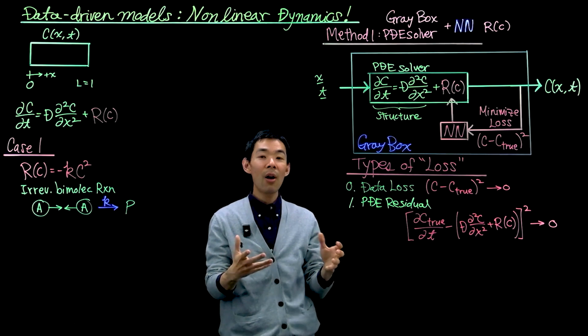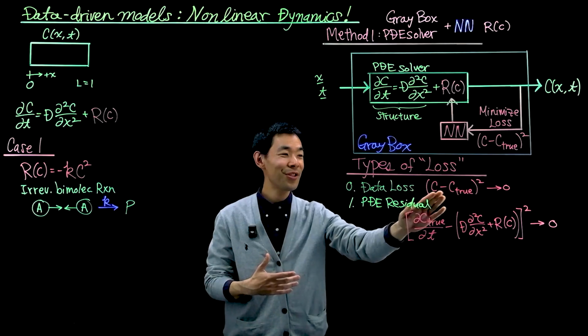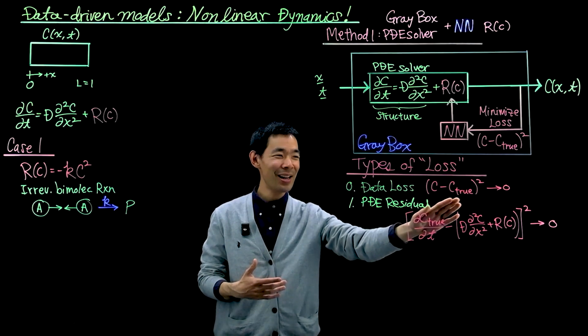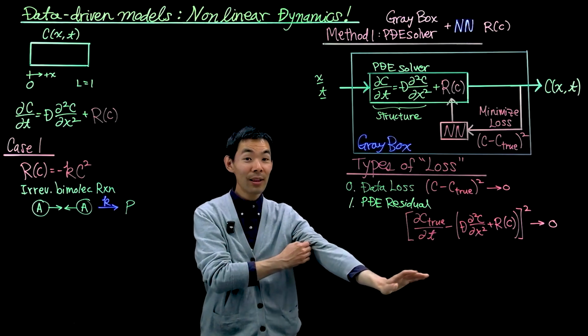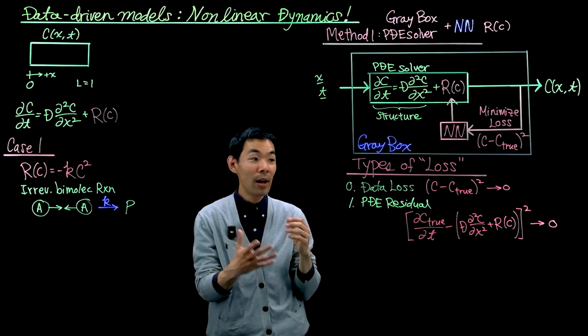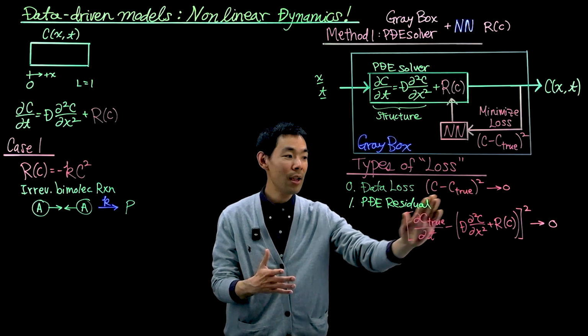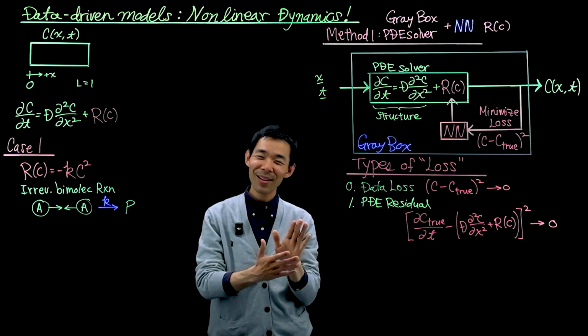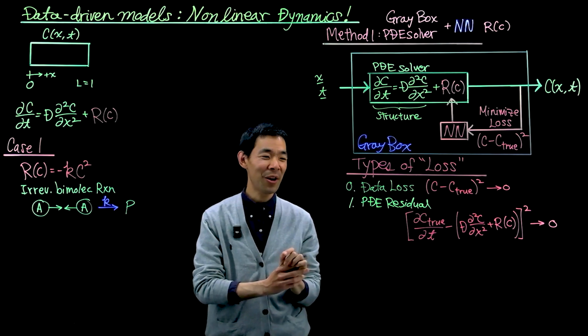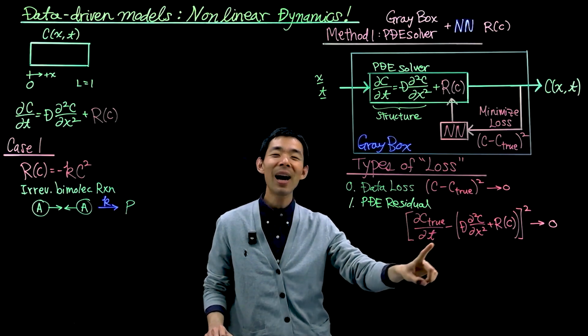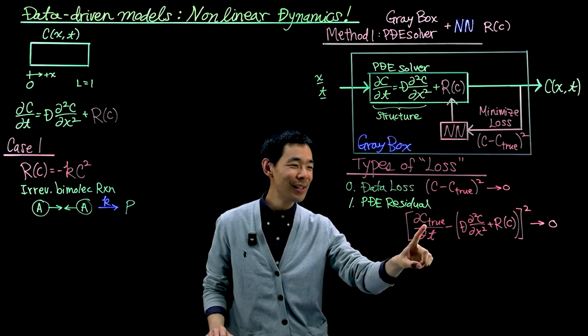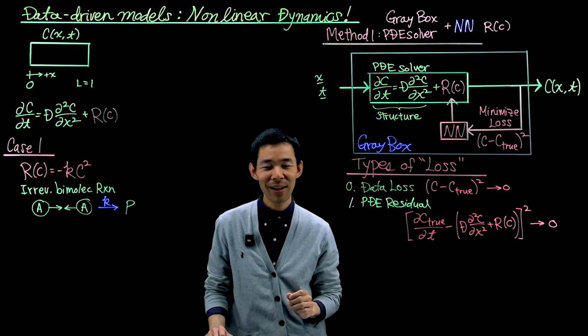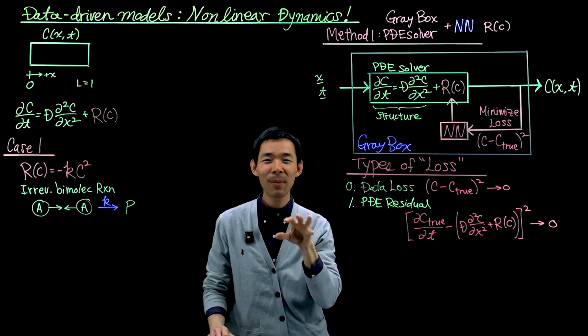Okay? So we're now using not just the information about the raw data set of C true, but we're also putting in there information about the equation. We not only want the data to be accurate, but we want it to follow the differential equation. And there's a small little subtlety that I've included here, which is this time derivative uses the true data set. So you're going to put in your true experimental data.